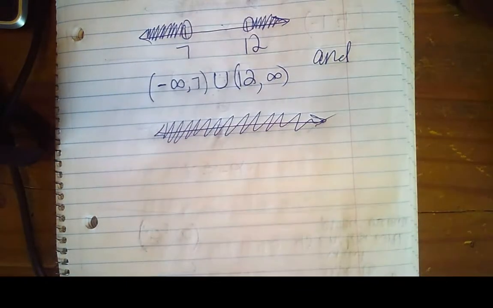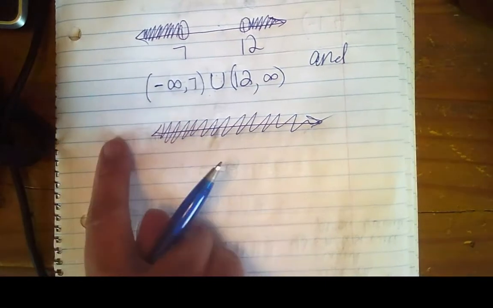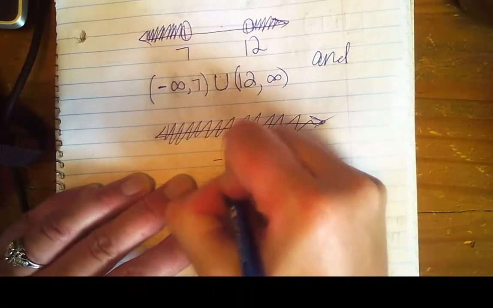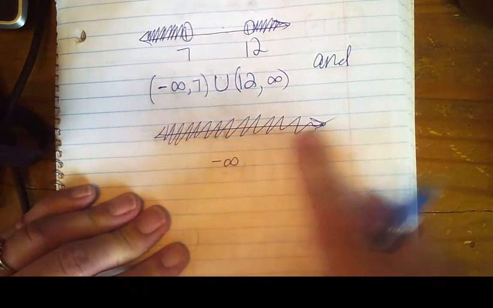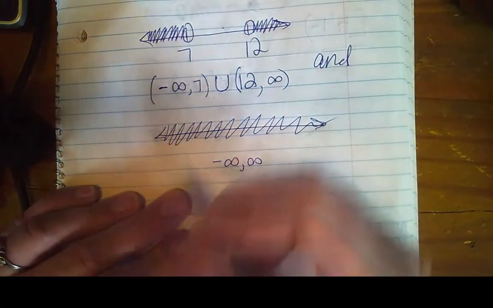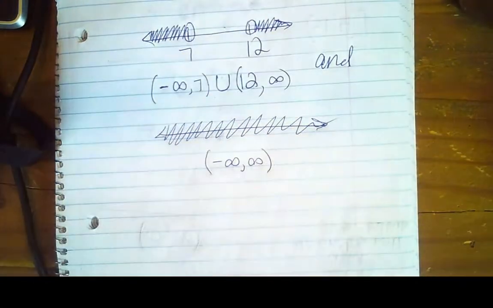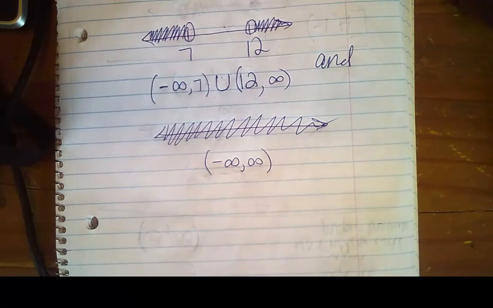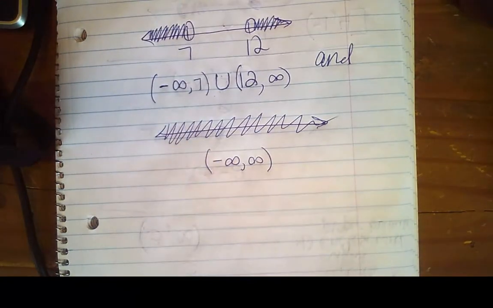All right, so the last one is, what if I have all of this? Okay, well, where does your answer start? My answer starts somewhere in -infinity. Where does your answer end? Your answer ends somewhere in positive infinity. The infinities always get soft brackets. So what you have just learned is I'm allowed to use any number out there. Any number out there is fair game.